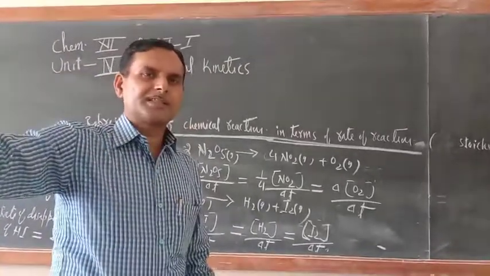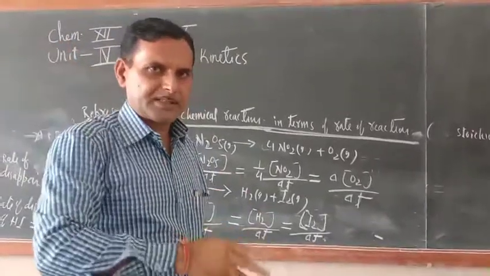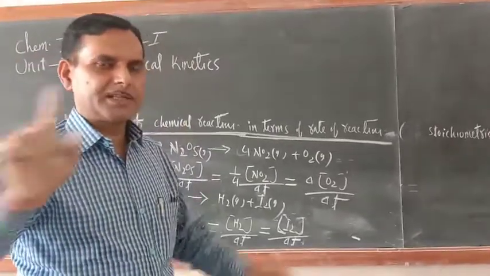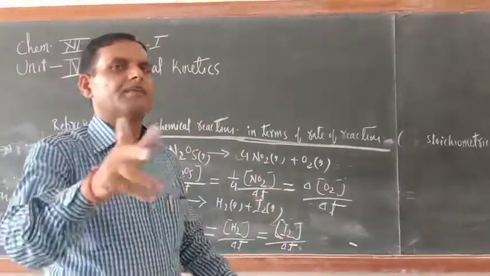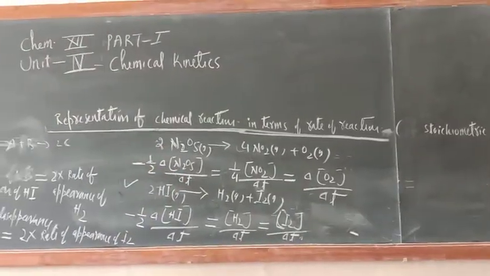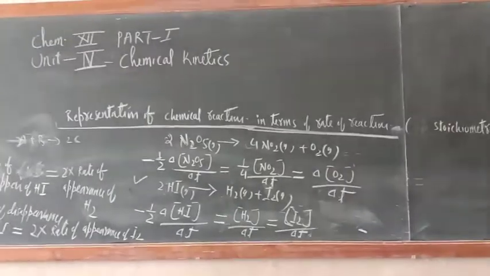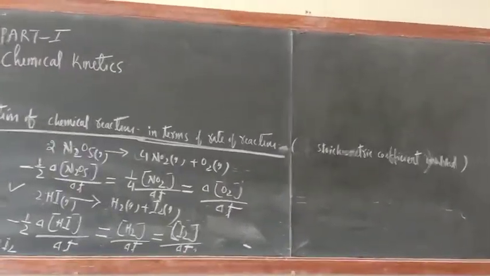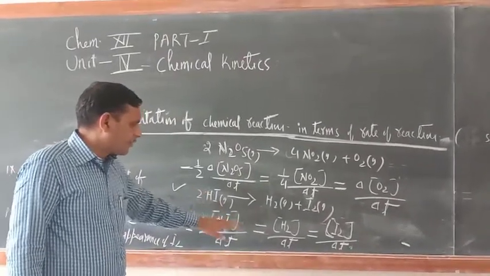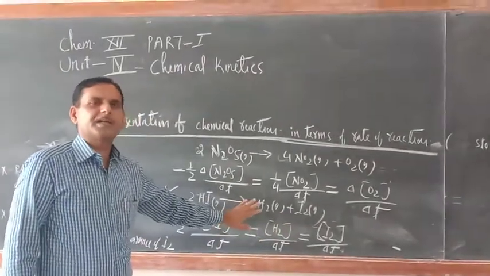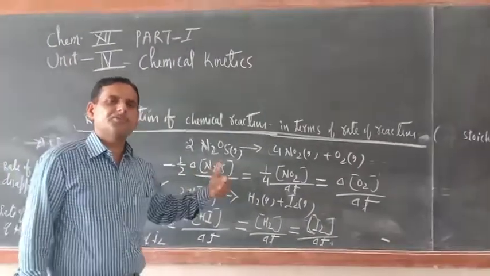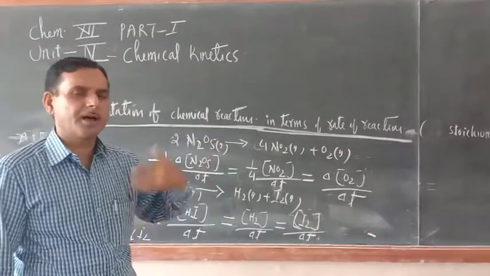The remaining rules are the same: if it is a reactant, minus sign; if it is a product, plus sign; delta for small change, and square brackets for molar concentration. An equal sign should be there between reactant and product, because whatever molar concentration of reactant is involved, the same amount of product will form.